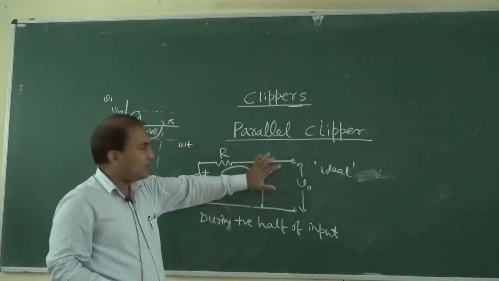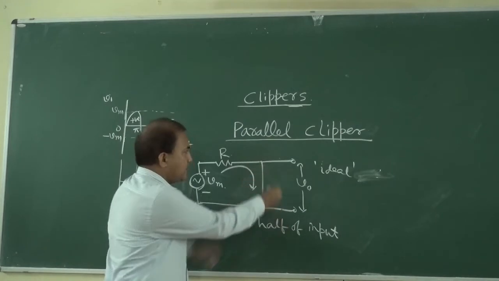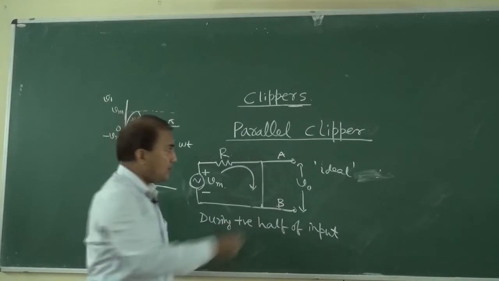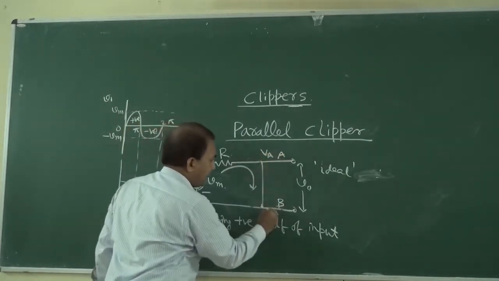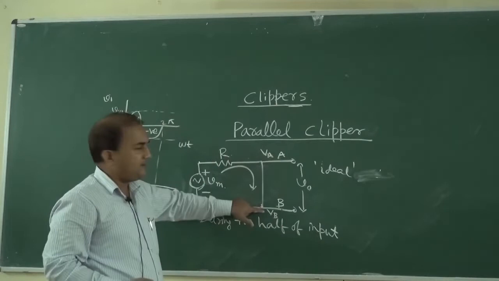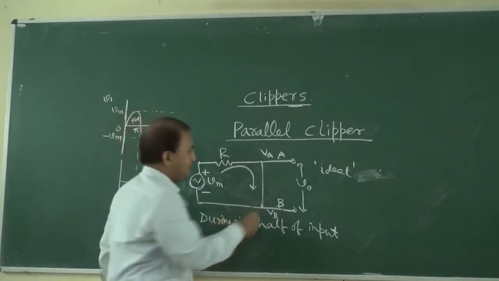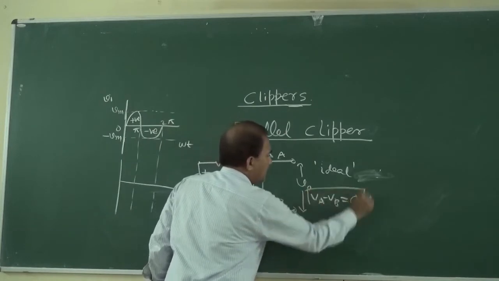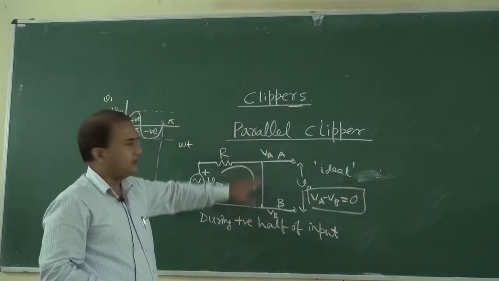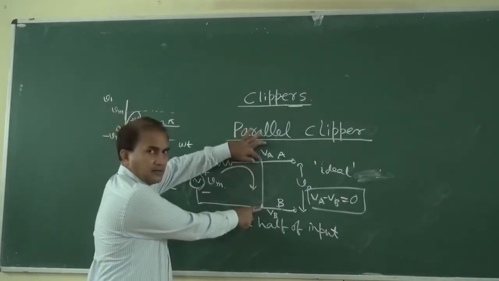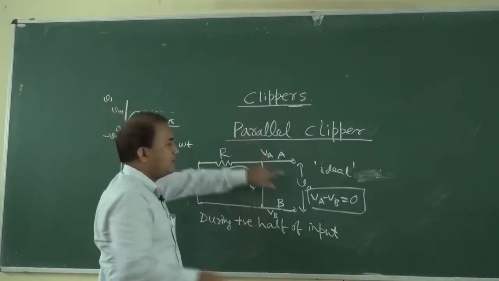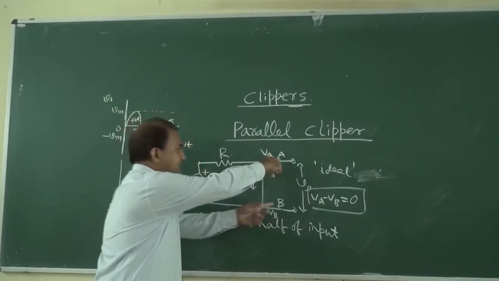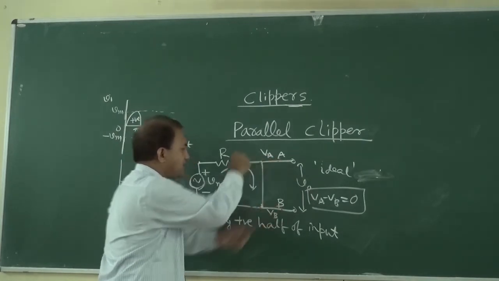We have to take V output across these two points A and B. VA and VB are both at the same potential, so VA minus VB is equal to 0 because of the short. Because of the short, V naught is equal to 0. Output across AB is equal to 0 because this is short.